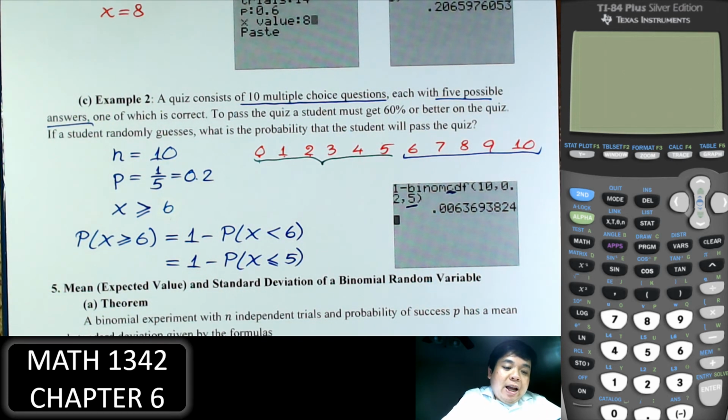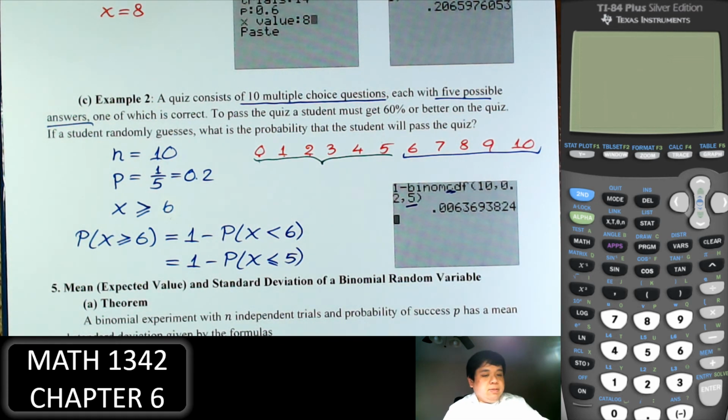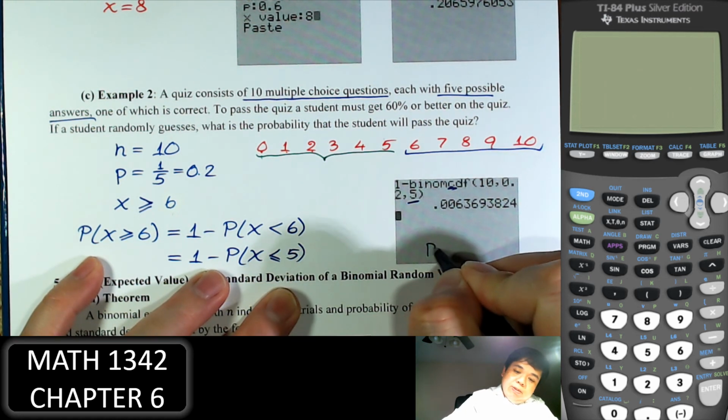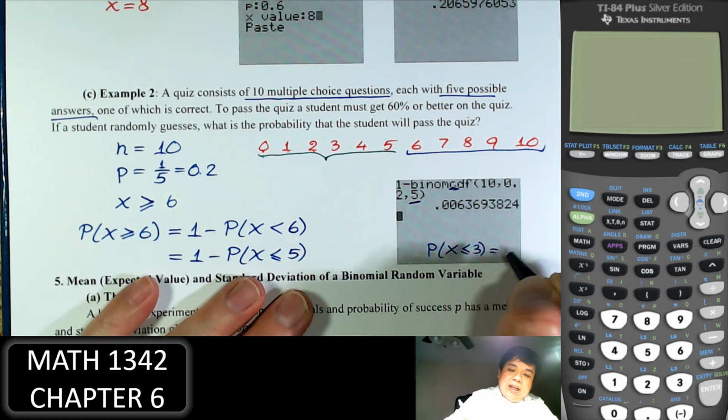Now, let's say the student doesn't want to pass. He just wants to get at most 3 questions correct. In that case, it will be less than or equal to 3, and we can just use this directly. So if we just want less than or equal to 3, for example, then we don't need to do that.